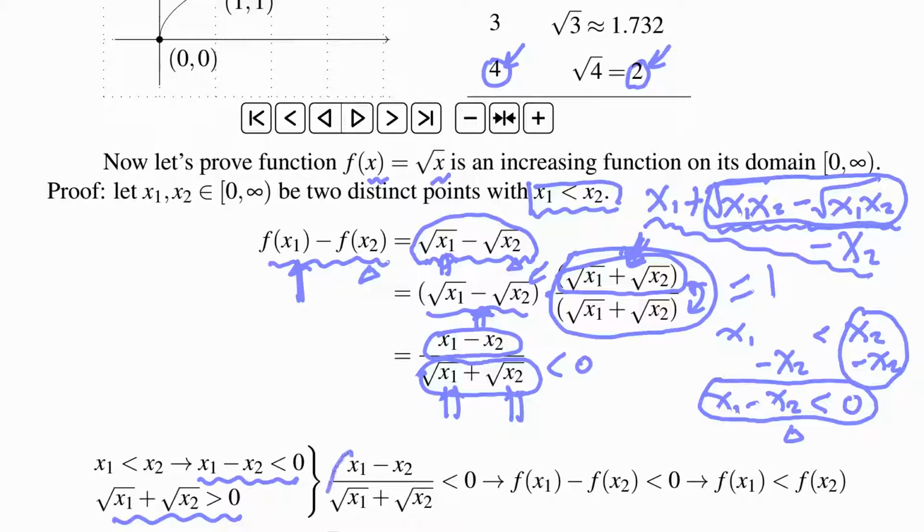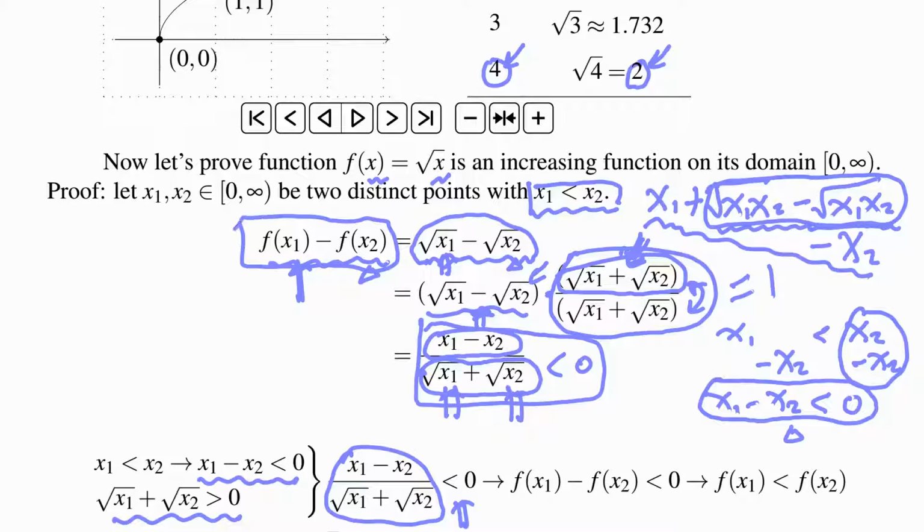So a negative divided by a positive is, of course, negative. Then this whole thing is negative, because they are all equal. So this one is negative.